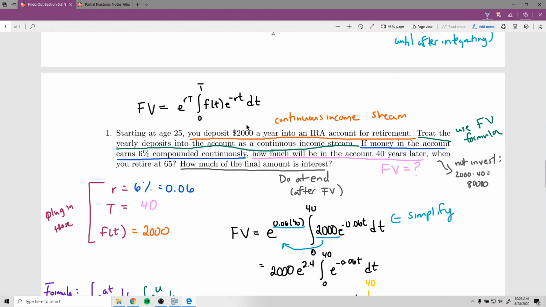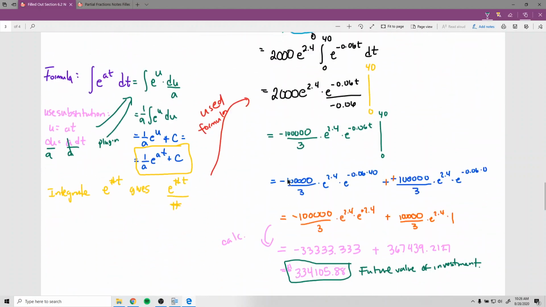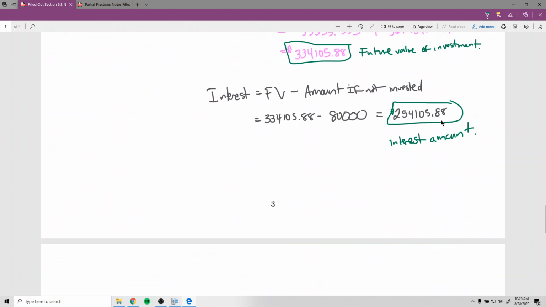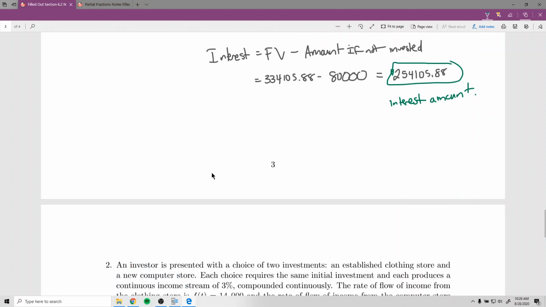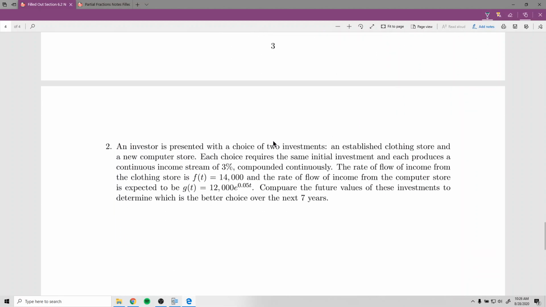And investing $2,000 a year into an IRA account isn't that much, especially after you graduate and you're paying off student loans and stuff. You have to prioritize certain things, but once you have all that paid off, you can do the maximum, which at this point, I know, is $6,000 a year. So you could triple that amount of interest if you did the maximum and got 6% per year. Almost a free $1 million if that worked out for you.